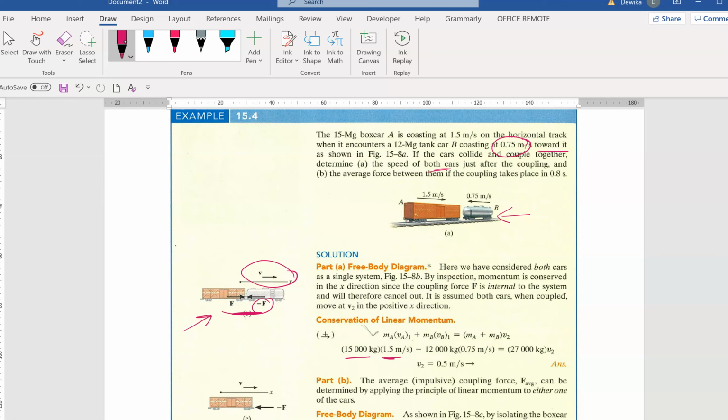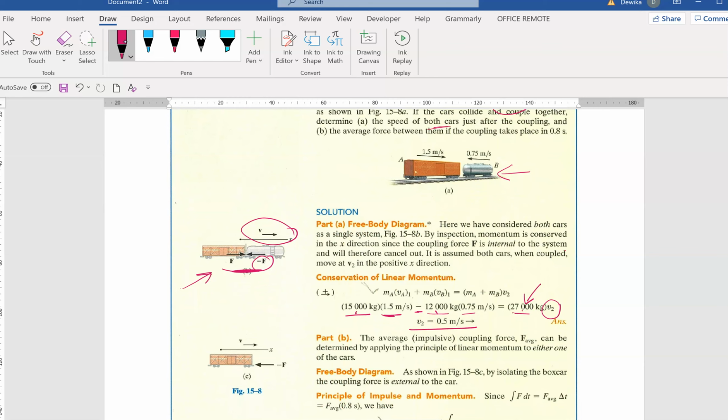That's why the diagram is very important, and that's why you get a negative here: 12,000 multiplied by 0.75. The final velocity will be a combination because they couple together, so 27,000 kilograms. How do you get 27? 15,000 plus 12,000, multiplied by v2. So v2 is 0.5. A positive value means the direction is towards your right. That's done with part A.